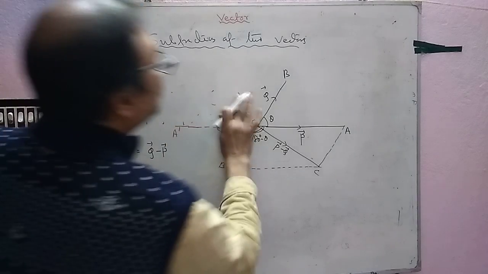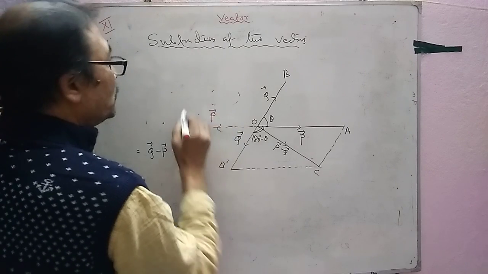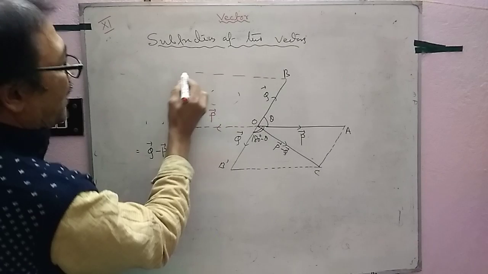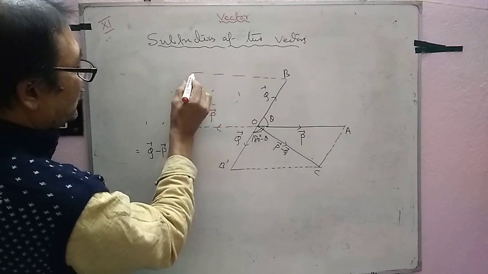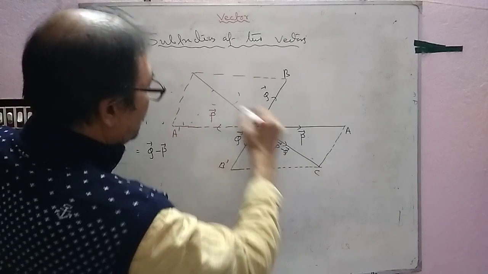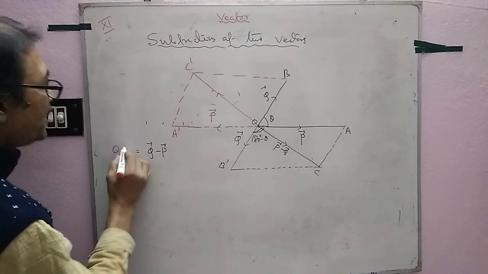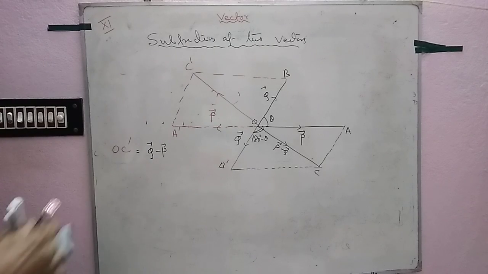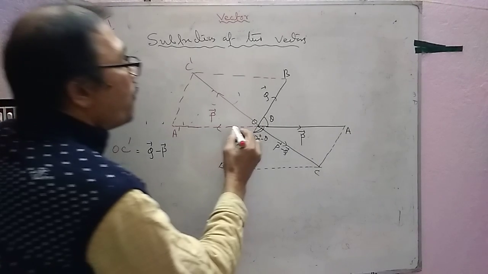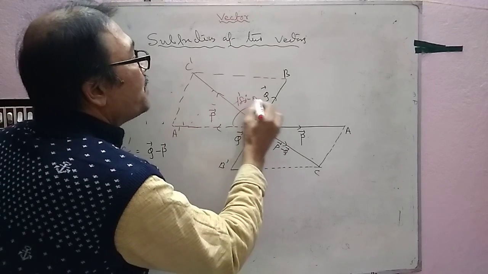Now this is P. Now draw a parallelogram taking the sides. This is OC dash, suppose. So OC dash equal to Q minus P. Similarly, OC dash equal to P square plus Q square minus 2PQ cos theta. This is 180 degree minus theta.